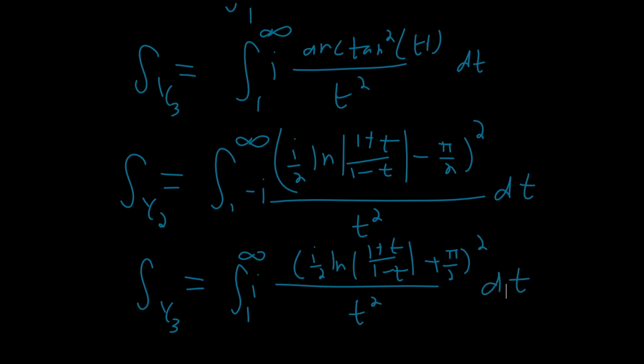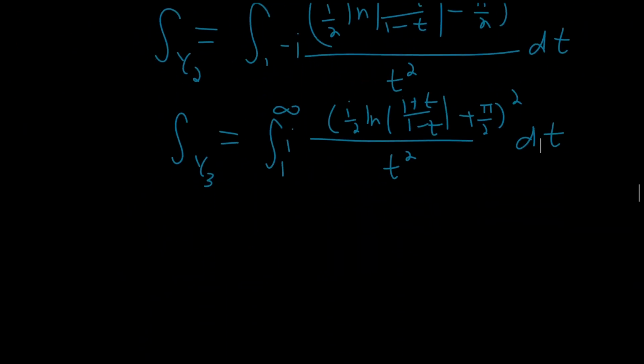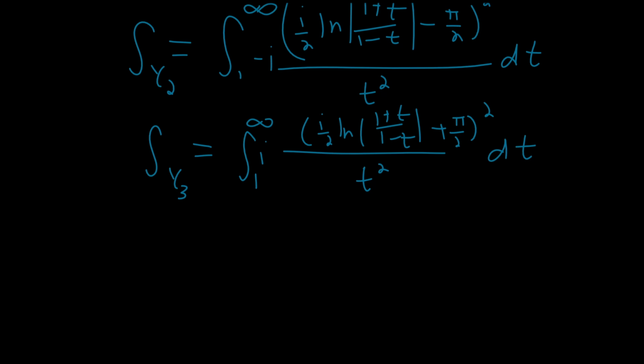And you'll remember that our actual integral is just going to be the negative sum of these two. So let's just go ahead and add these together real fast: the integral over gamma 2 plus the integral over gamma 3, and we'll just throw a negative in front of whatever we get to actually find our integral.